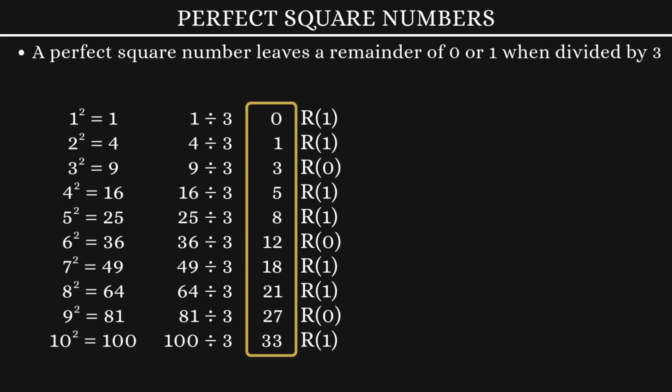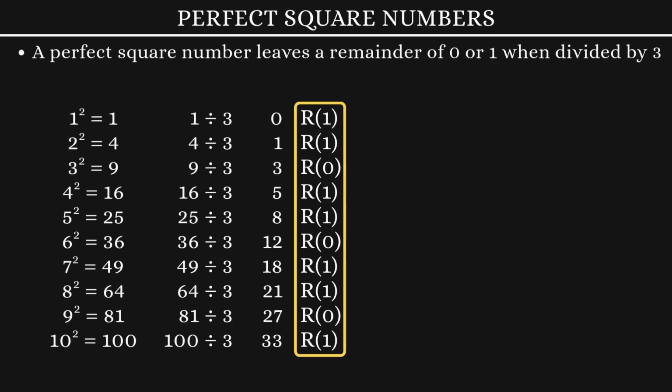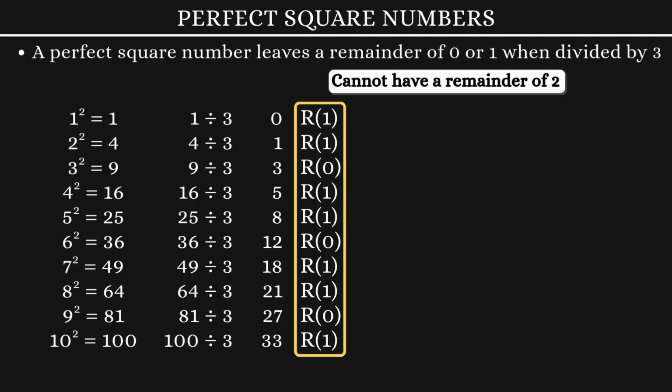Though the quotients are different, the remainders are always 1 or 0. This means any perfect square number when divided by 3 cannot have a remainder of 2.